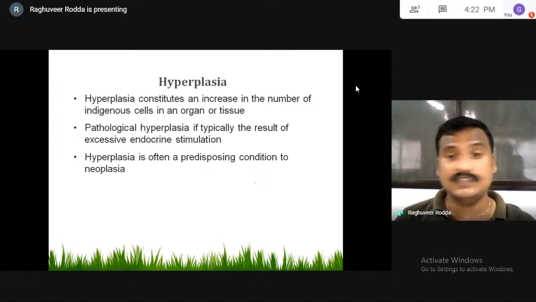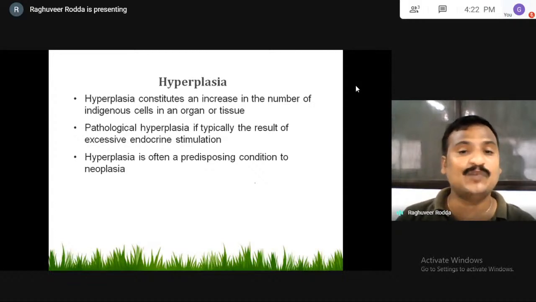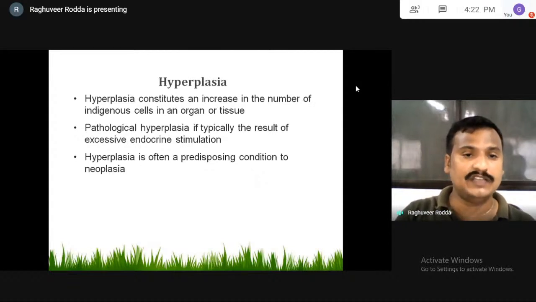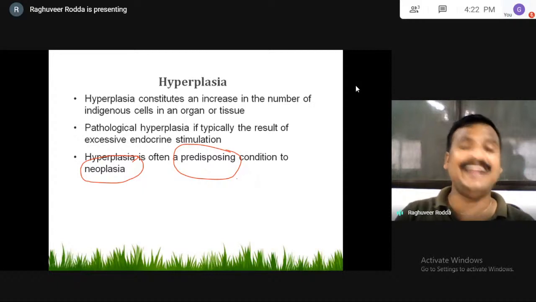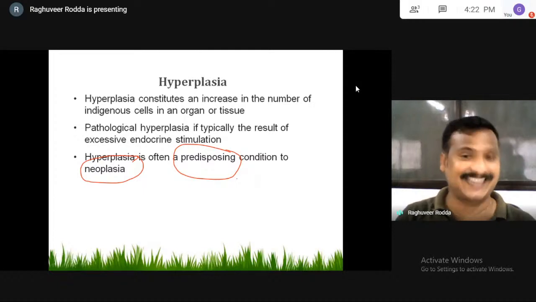And sometimes hyperplasia is one of the predisposing conditions for neoplasm or neoplasia. Predisposing means it is an indication of getting a cancerous condition.